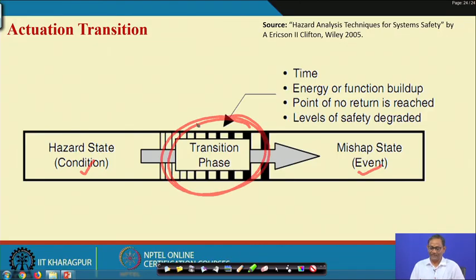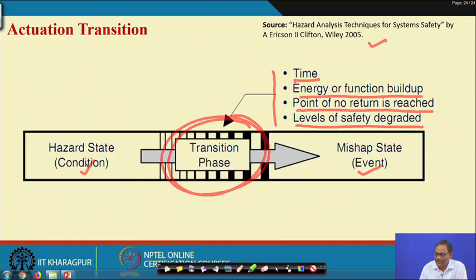You see what we are reading here, it is also taken from this book. The time, energy or function builds up, the point of no return is reached, the level of safety is degraded. So, these things will happen, and only then will a hazard lead to an accident.